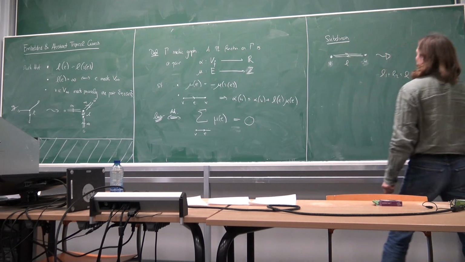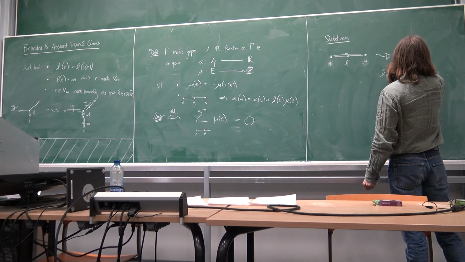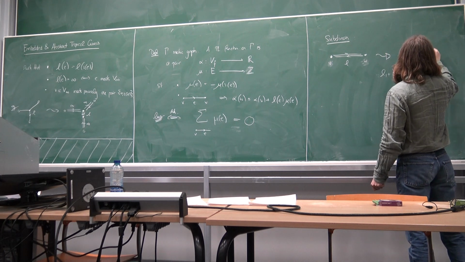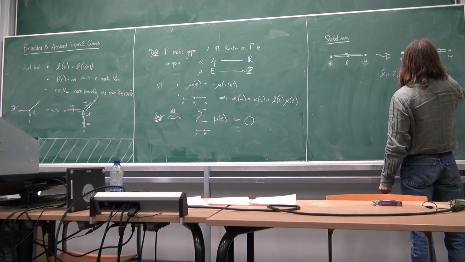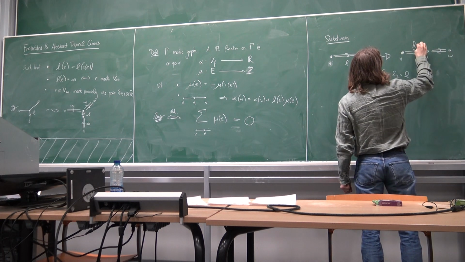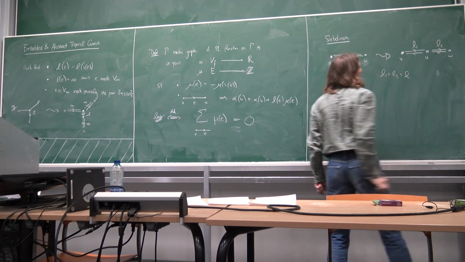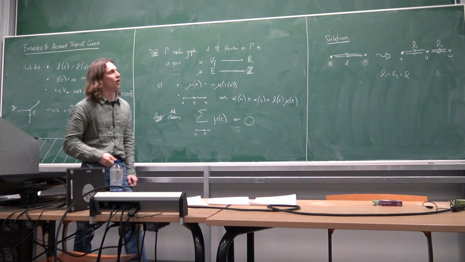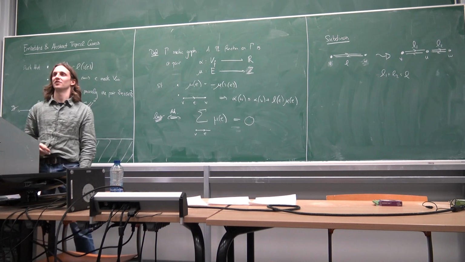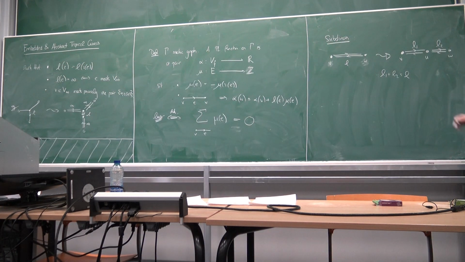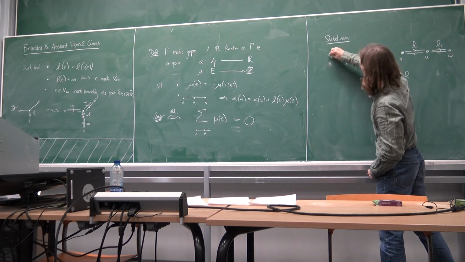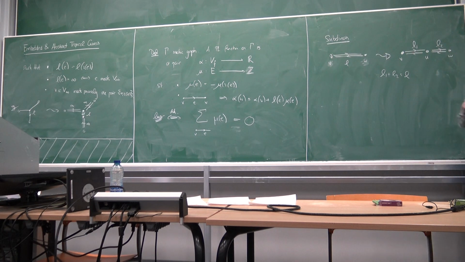So out of this I can form a new metrized graph where this one has length L1 and this one has length L2. This also works if one or the other is equal to infinity. So this is the basic operation. So I could also allow an infinite vertex here.